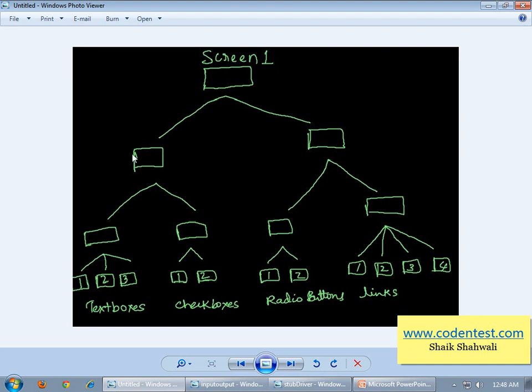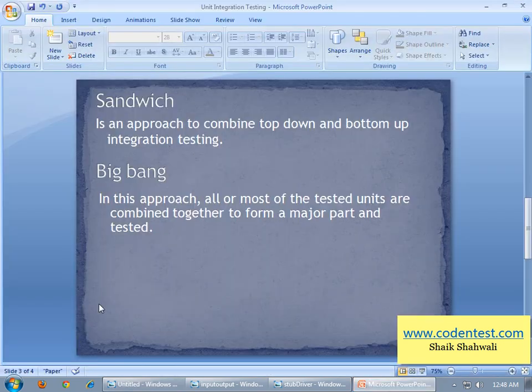We don't have these boxes in Big Bang testing. The only thing we have here is these little boxes, and then this one big box. So that's our Big Bang integration testing.